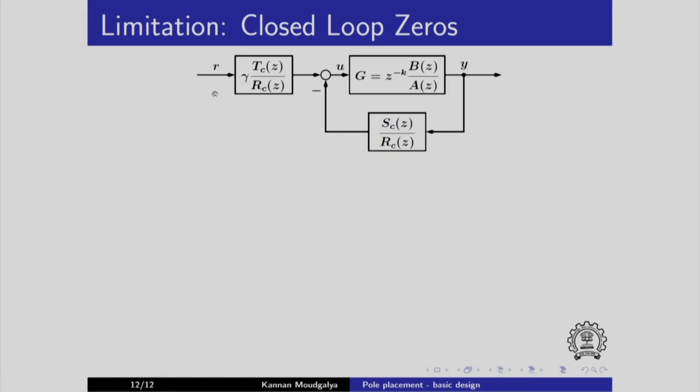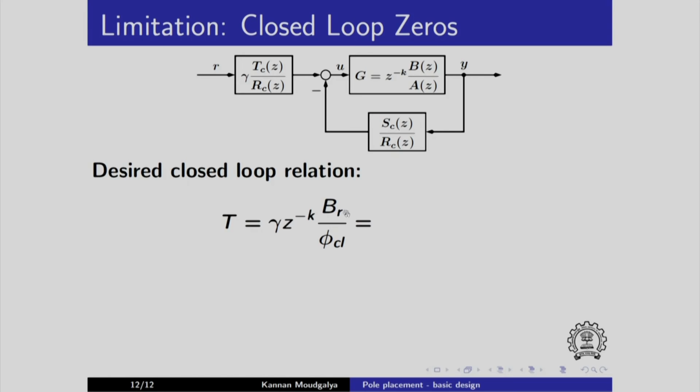There is a limitation as well in the form of closed loop zeros. So let us see this. The desired closed loop relation is given here, and this is as per our model, and this is nothing but this expression where we have written for BR, it is BB into T1, the numerator we retain as it is.